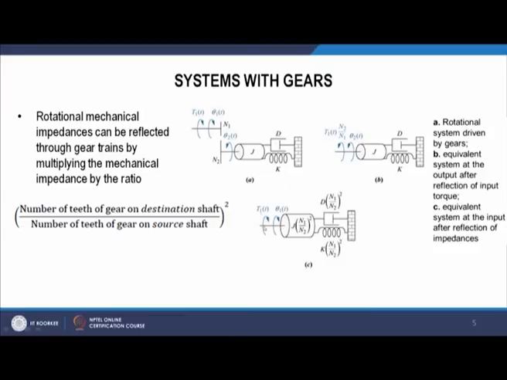So here the input shaft is the destination shaft, and the rotational mechanical impedances can be reflected through gear trains by multiplying the mechanical impedance by the ratio of the number of teeth of the gear on the destination shaft upon the number of teeth of the gear on the source shaft, squared. Here we are representing to the input shaft, so the input shaft is the destination shaft. Therefore, we are doing N1 by N2 square. Here we have multiplied and shifted this impedance to the input shaft.